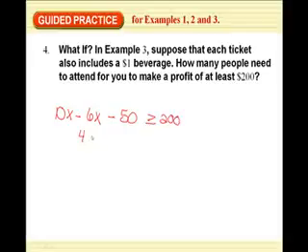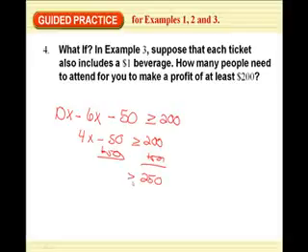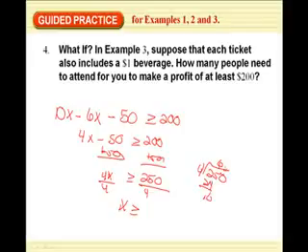So that's going to be 4x minus 50 is greater than or equal to 200, plus 50, plus 50, 250, x divided by 4, x has to be greater than or equal to 62.5, which would be 63. You can't have half a person. At least 63 was the answer.